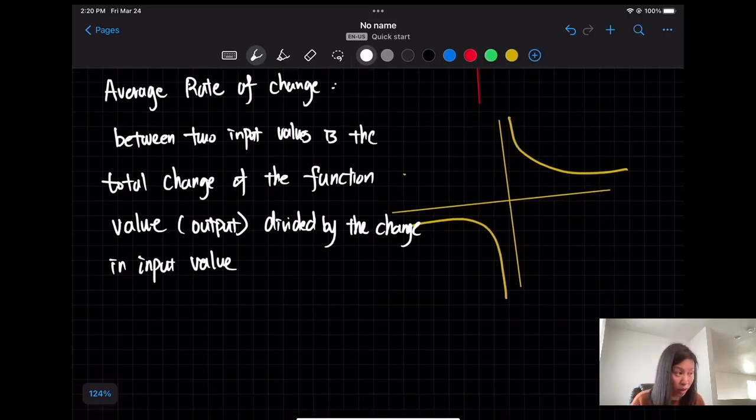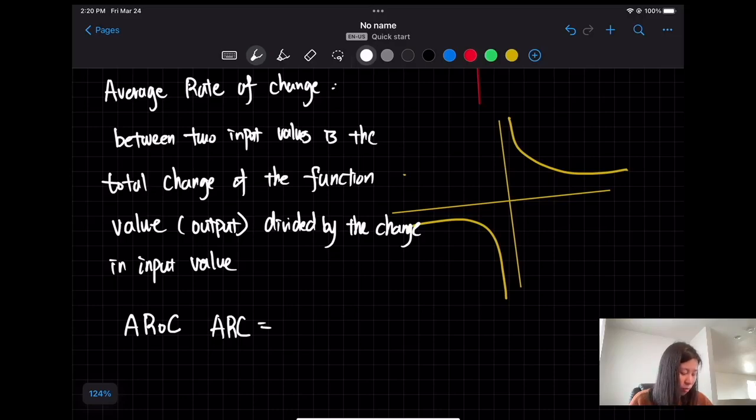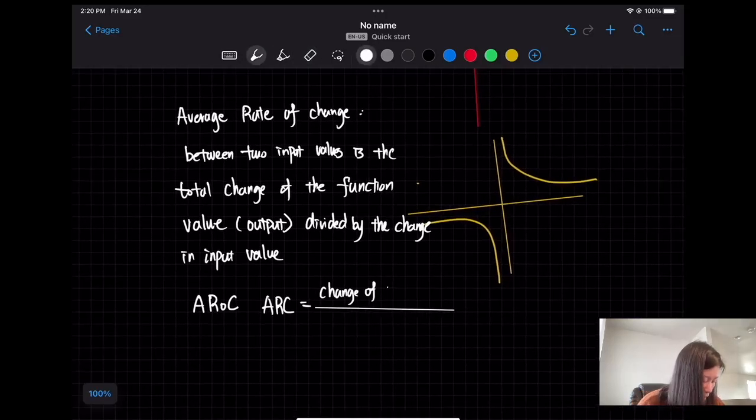So in a formula, this is going to be average rate of change. Sometimes you see something they write like that. Sometimes they just write average rate of change, this is an acronym, equals the change of output over the change of input.